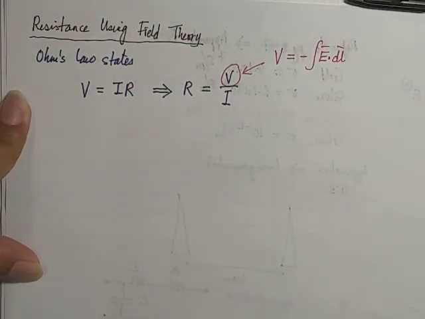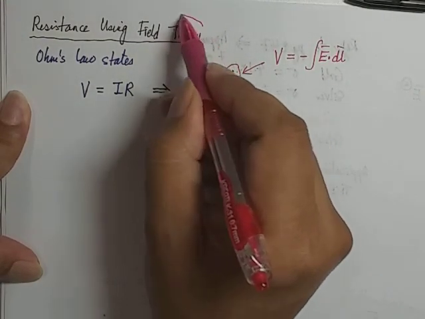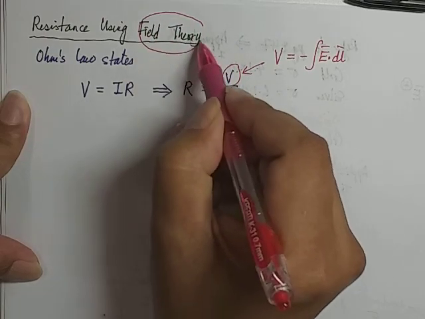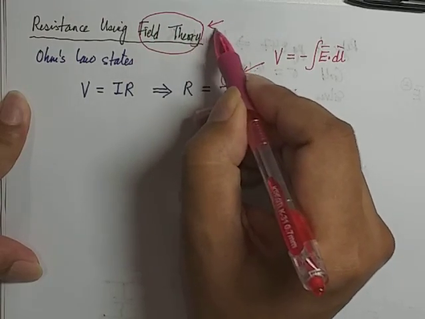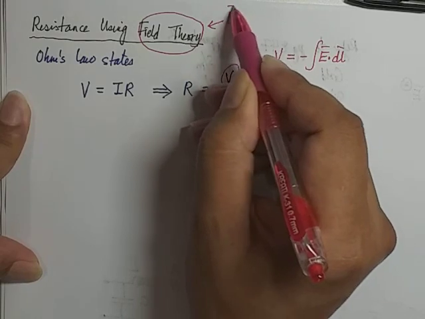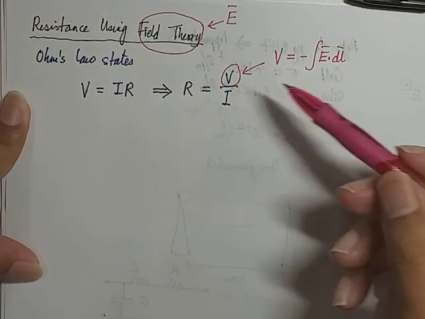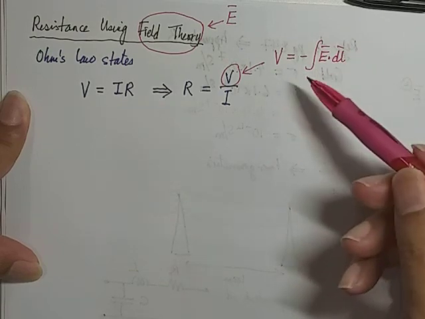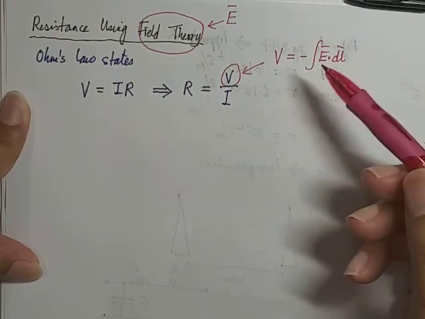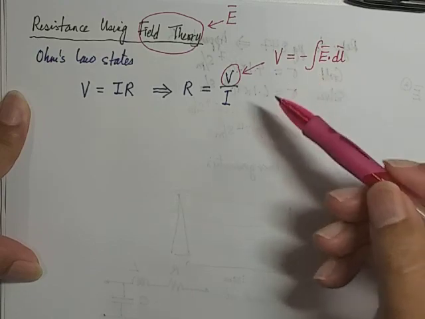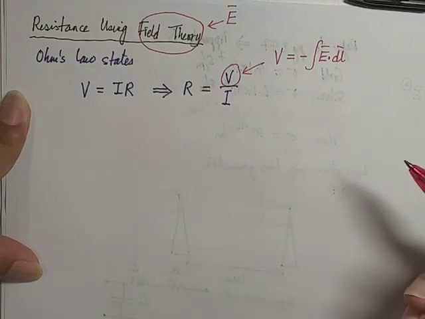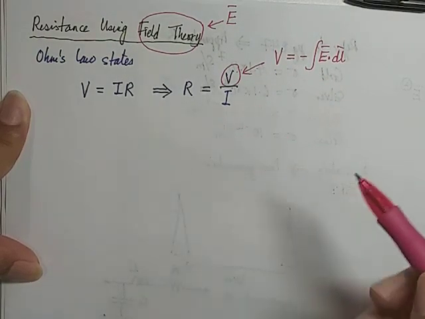So that's the name of field theory. We are using electric field to determine the resistance. Therefore, the first logical thing we need to do is replace the V with this equation that we defined when we talked about potential. That should be the first substitution logically needed to find the resistance.